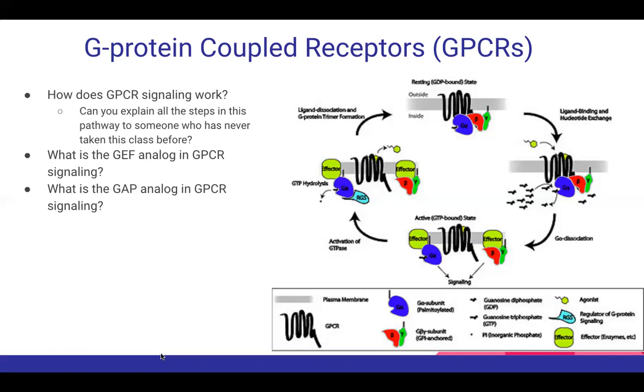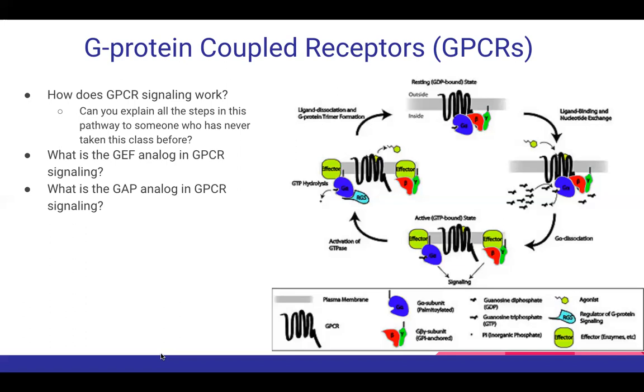Once G alpha has GTP, it can become activated. Once G alpha is activated, this causes G beta and G gamma to dissociate. G beta and G gamma stay together, and G alpha goes off and acts on its own. Once G alpha is activated with GTP, it dissociates from beta and gamma.